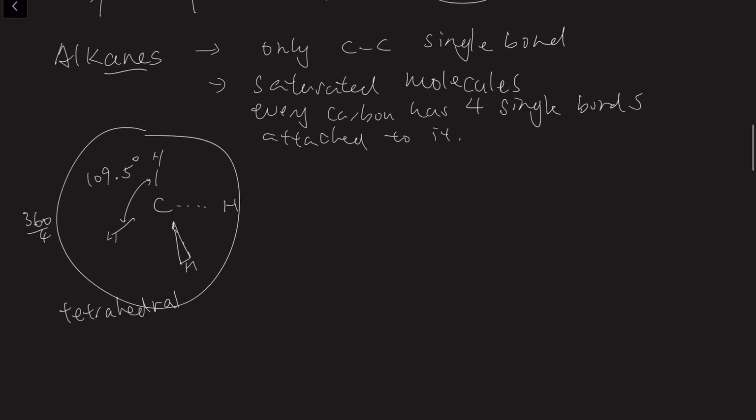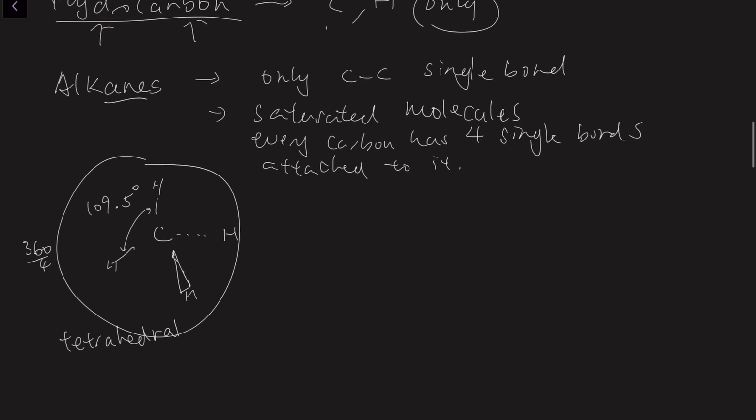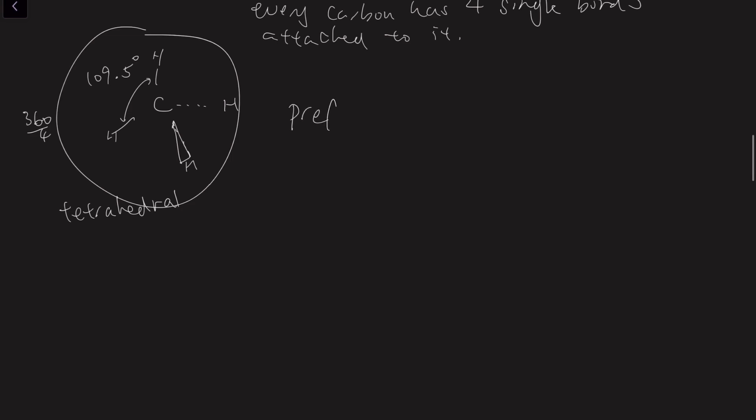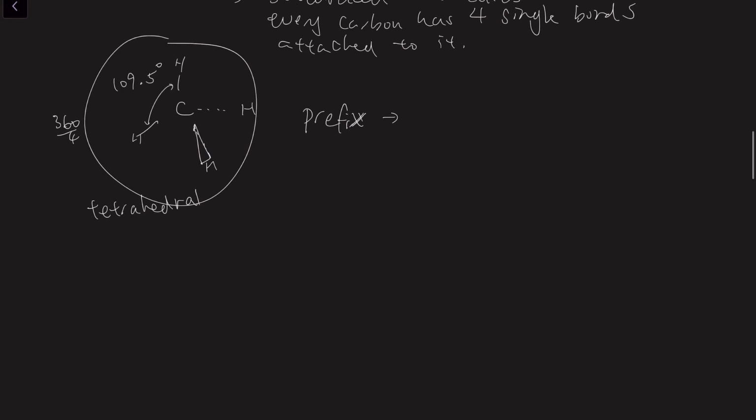And when we are talking about homologous series, we need to deal with something called prefixes. A prefix basically tells you the number of carbons in the chain. So we know that petrol is octane and it has 8 carbons.